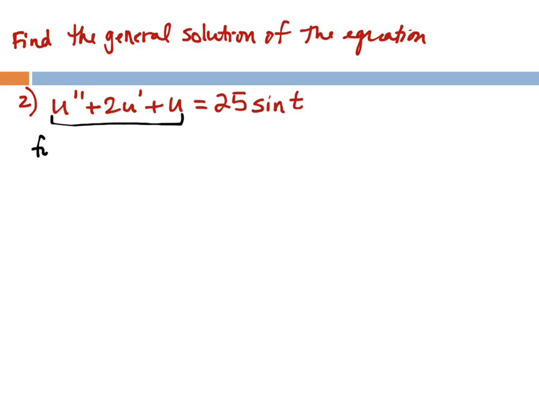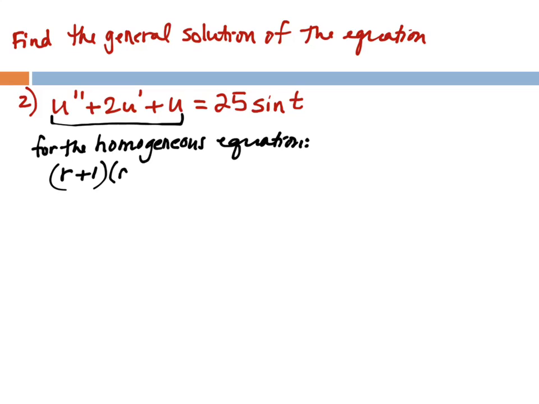So for the homogeneous equation, what's going to happen? Okay, say again for me, James. Right. So r is just -1. So what do the solutions look like? What does u of t look like in that case?